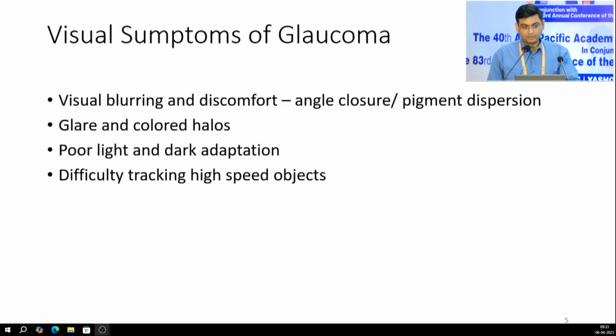A very important symptom is that patients will complain of very poor light and dark adaptation, when they move from dark to brighter areas or bright to dark areas. They have some difficulty. Plus, glaucoma patients are not able to track high-speed objects, and especially if they are driving, there can be crowding.